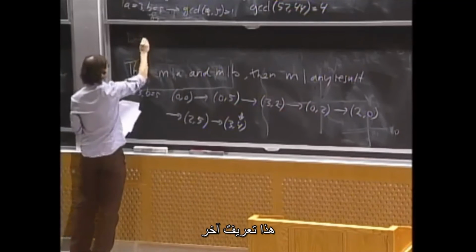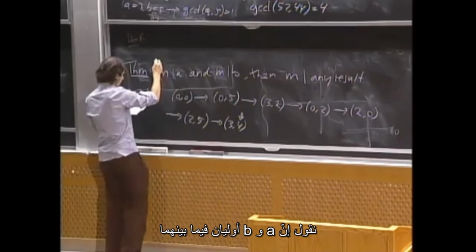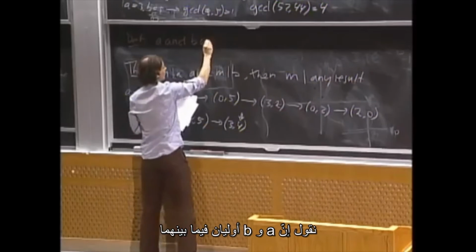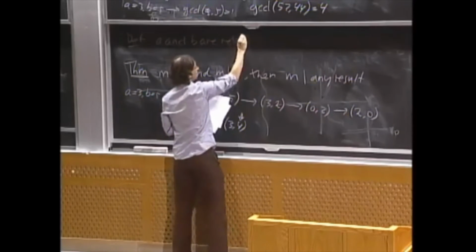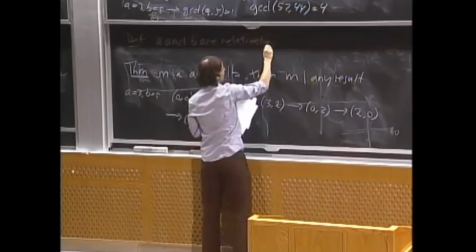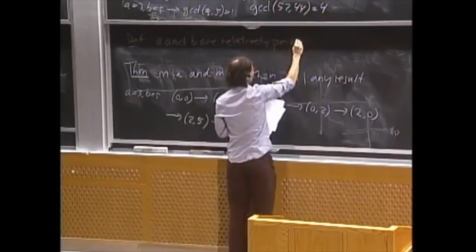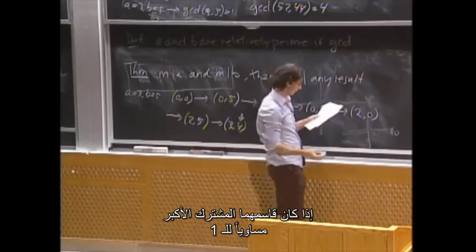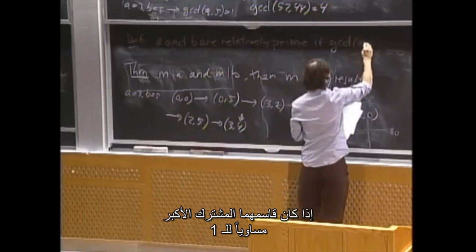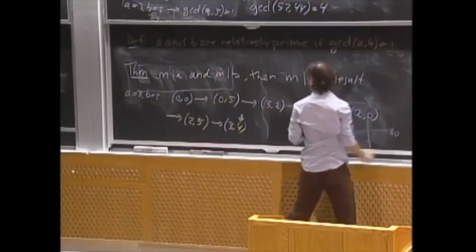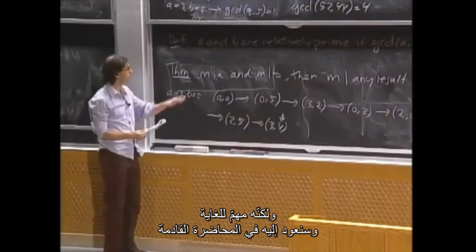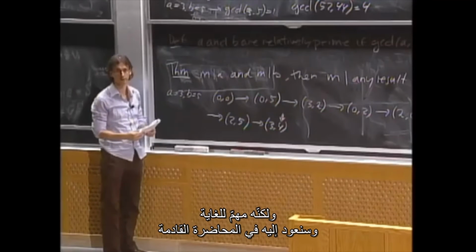That's another definition. We say that A and B are relatively prime if their greatest common divisor is equal to 1. Now, today we will not really use this definition so much, but it's very important, and we'll come back to this next lecture.